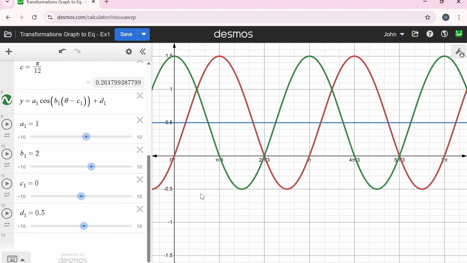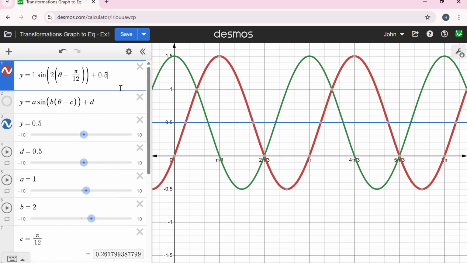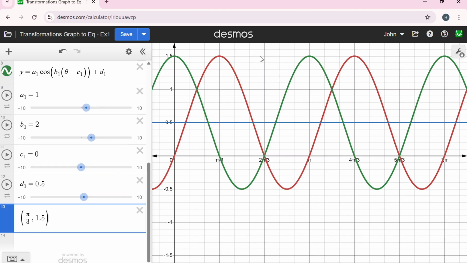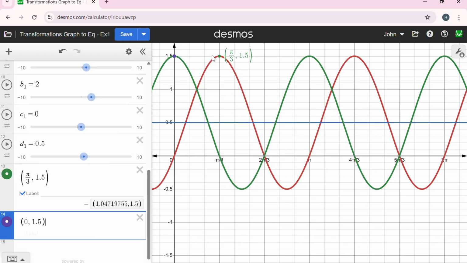So what we are looking at is point T. Point T on our original graph, remember, right here. I'm going to label that. There's point T. At point T, which is what we drew on our papers, pi over 3 comma 1.5.